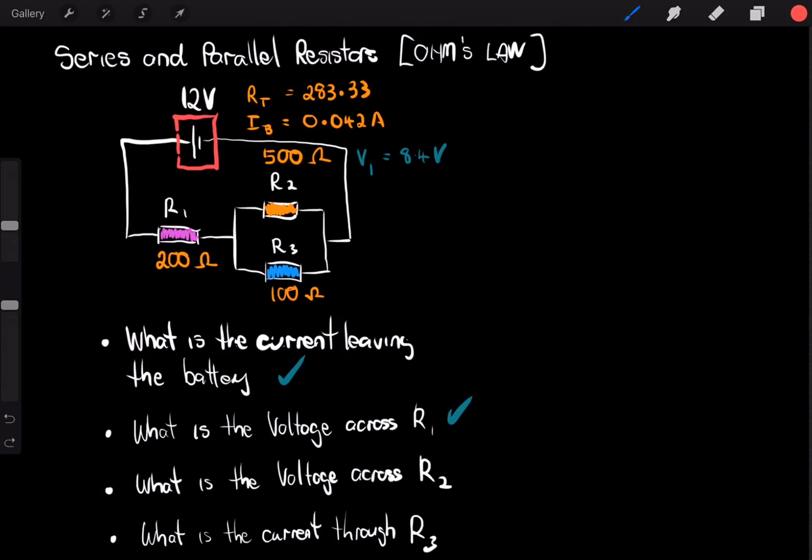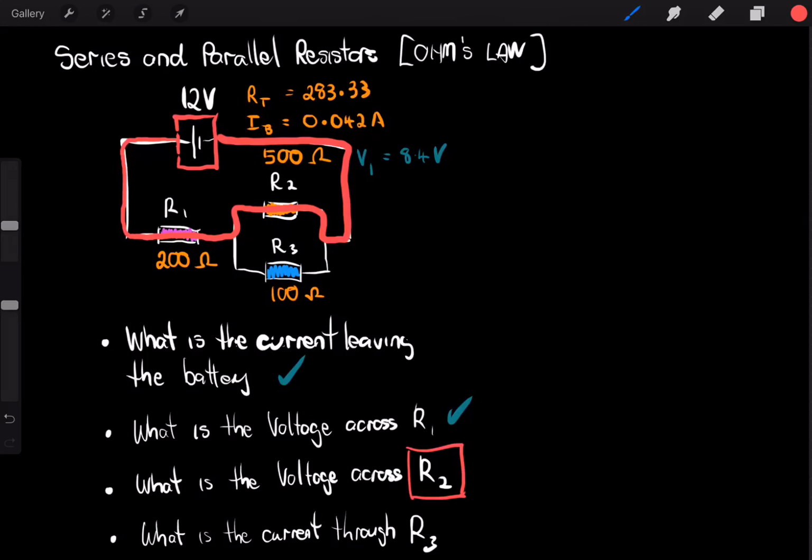Now there's more than one loop in this circuit. The one we're interested in is the one which contains R2. So let's trace out that loop. We're coming out of the battery, going through R1, then through R2 and back to the battery. So the total voltage drop around that loop must add up to the voltage supplying that loop, which is 12 volts.